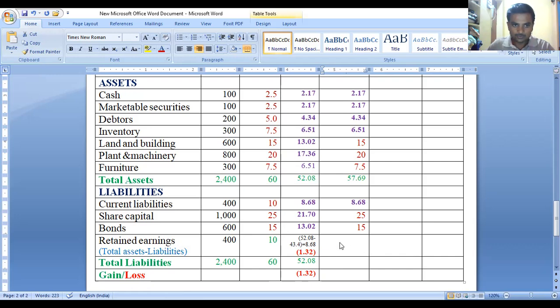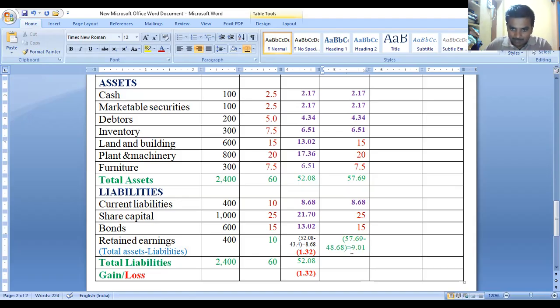Again, you add up the liabilities side, and the total comes to 48.68. You can write 57.69 minus the total, 48.68. Okay, so the difference is 9.01.